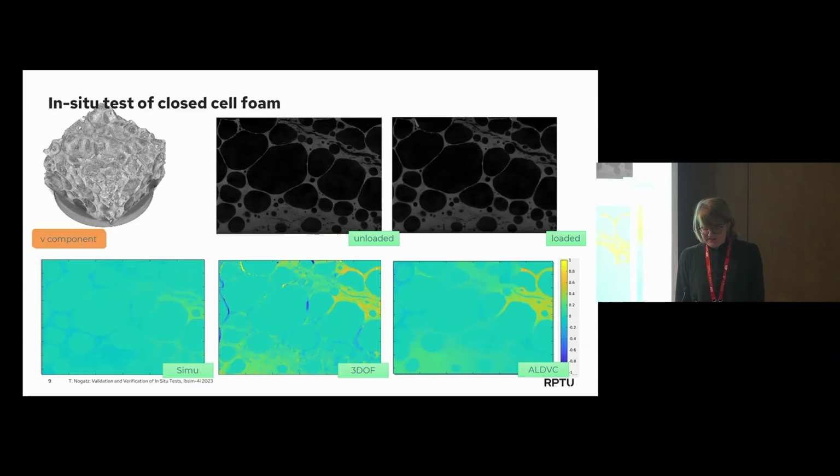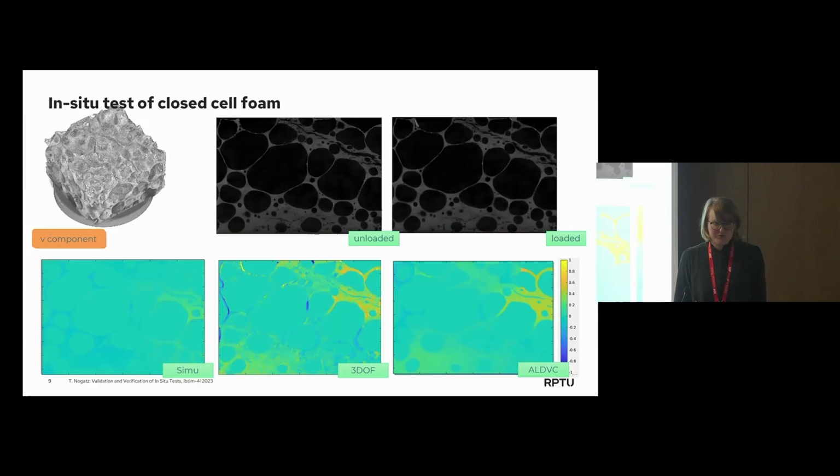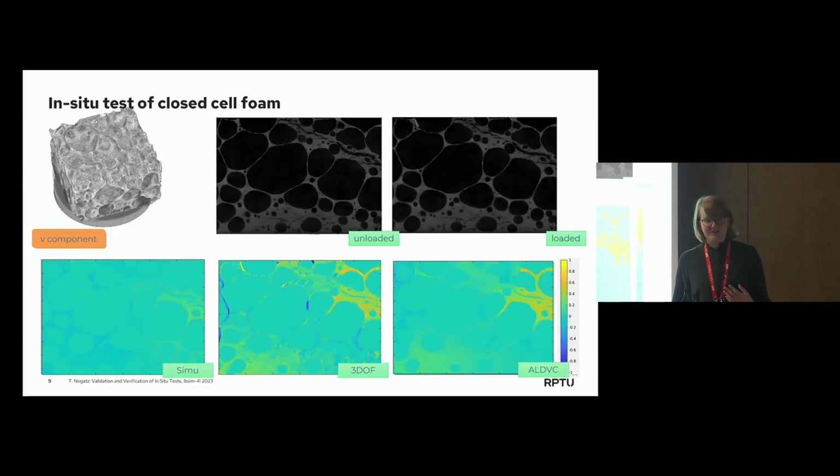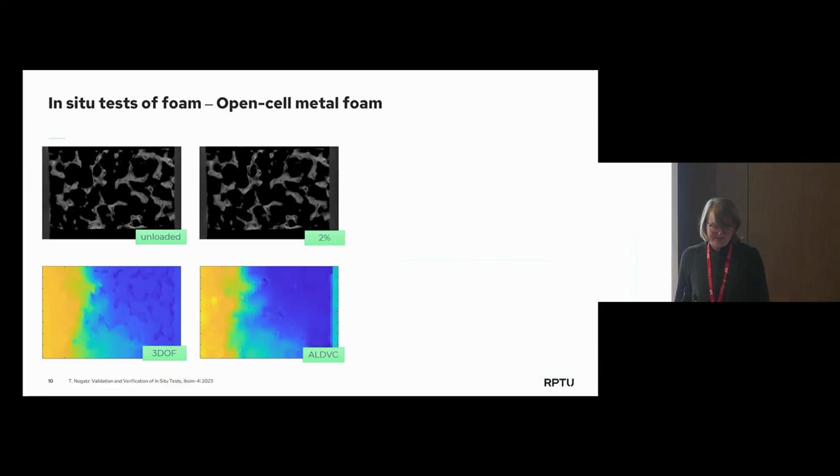And maybe as a last point, to show why it is so important to really decide beforehand what kind of material behavior you want to see, let's go to a real experiment, namely an in situ test of an open cell metal foam.